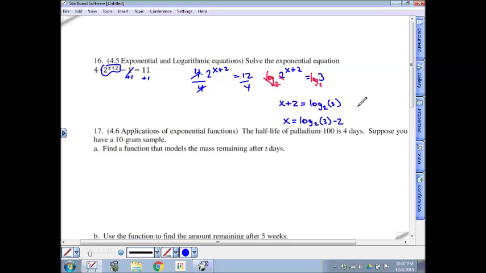And I would also expect this to be given in decimal form, so you have to plug this into your calculator. So log base 2 of 3 minus 2 is negative 0.415.